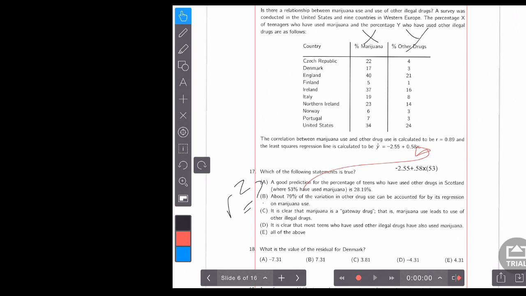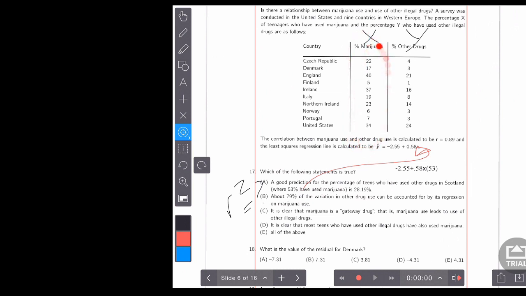So why is B the right answer, which it is, and A is not the right answer? This will give me this value, 28.19. The reason A is not the right answer is that if you look at the range of values for marijuana, which is our X, the range of values does not include 53.